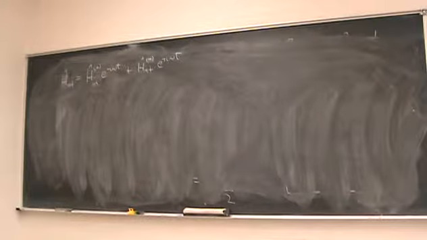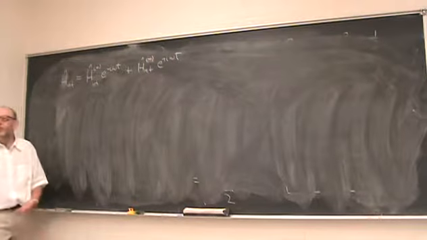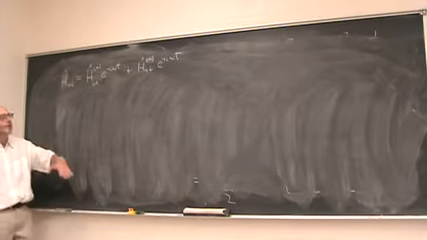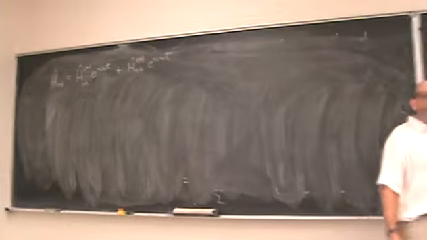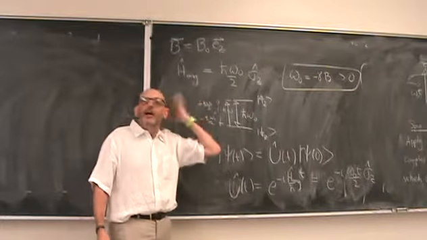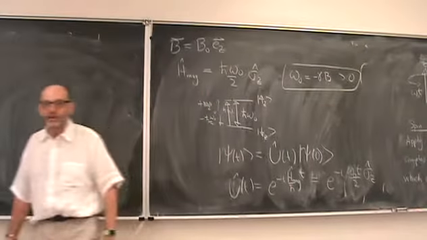Right? Now, if you have studied absorption and emission, the first thing you might do if you wanted to ask, what is the rate of transition between here and here? I might say I'll use Fermi's golden rule, right?